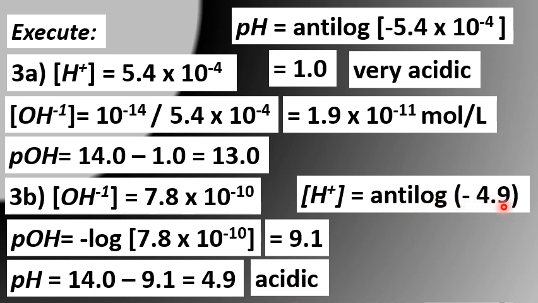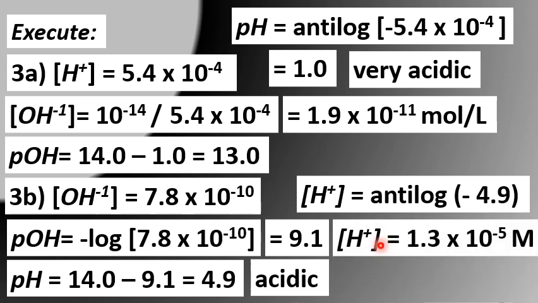So with the help of your scientific calculator, we will get this concentration of the positive hydrogen ion equal to 1.3 times 10 to the negative 5 moles per liter or molar.